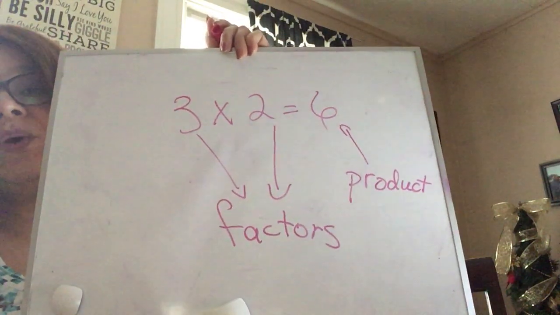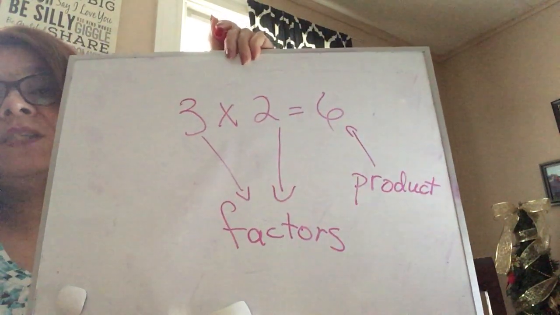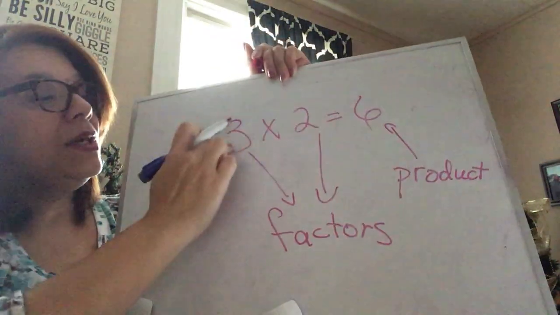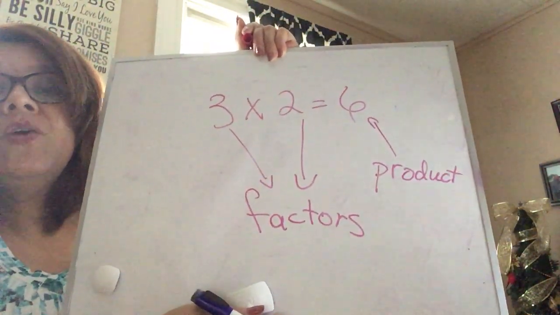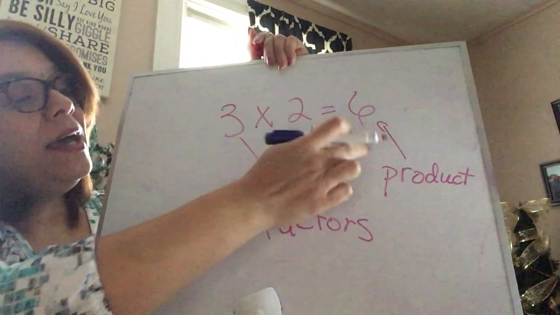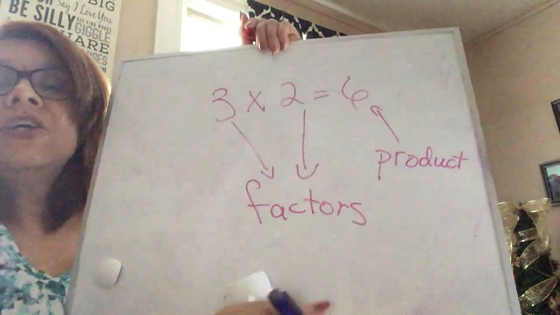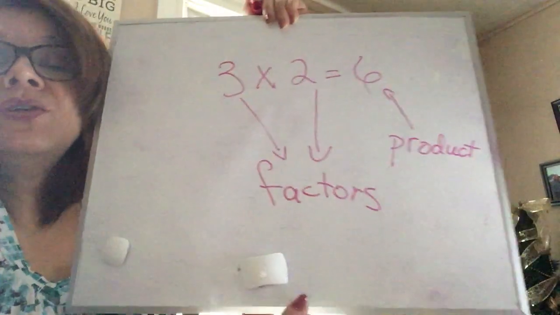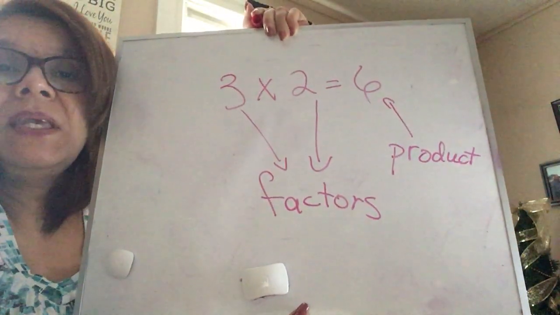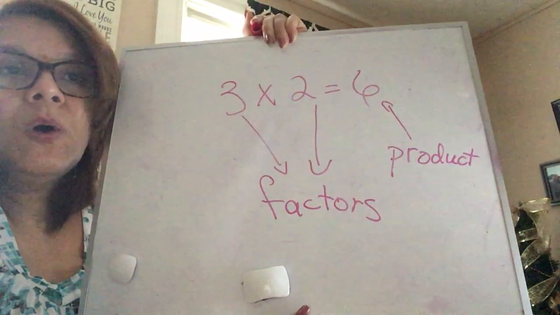Maybe you've heard it before, but we're starting with it this way. So any 2 numbers that you multiply are called factors, and the answer is called the product. So if I ask you, what is the product of 3 times 2? Your answer is going to be 6, because 6 is always the answer.